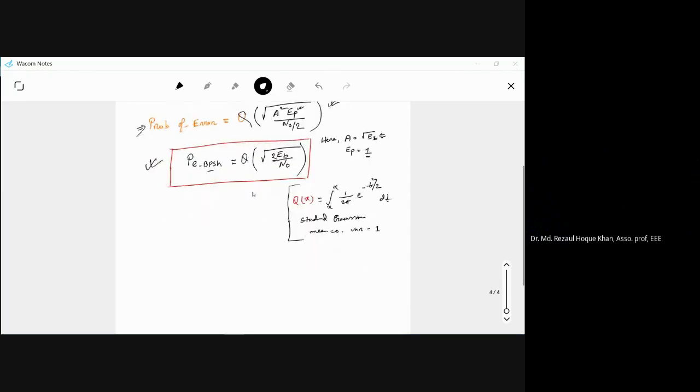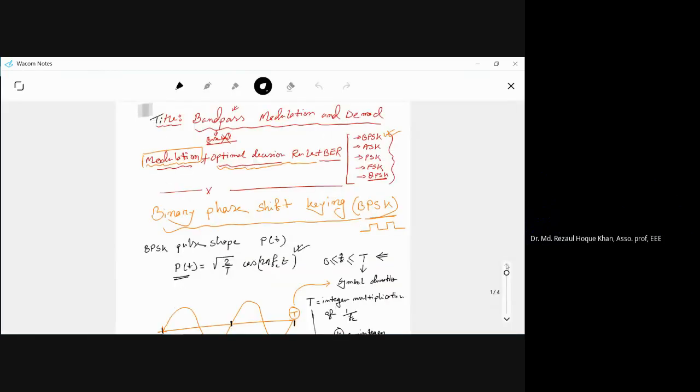Let us go back. At the first slide, we completed modulation, we completed the optimal decision, and we also completed the bit error rate. This modulation part happens in the transmission. The optimum decision rule and the bit error rate calculation happen on the receiver side, the detection or demodulation, whatever you call it.